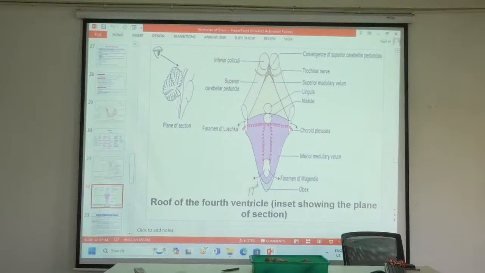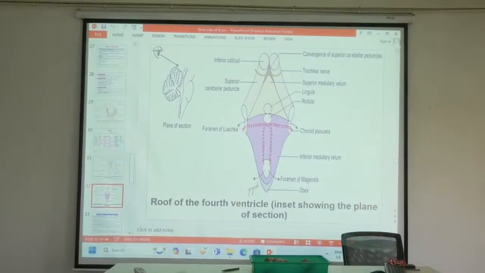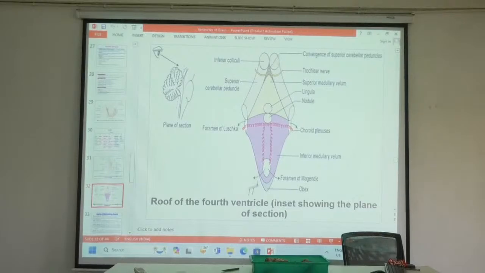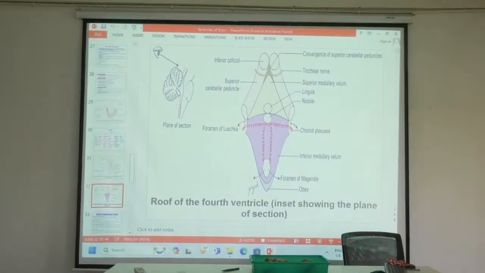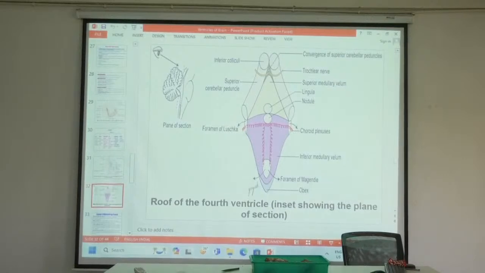Here the roof has been shown. See these are the parts of the cerebellum: above there is lingula, below there is nodule. Here this one is the superior medullary velum and below here is the inferior medullary velum. And these are the three apertures you can see: midline aperture is a single aperture, foramen of Magendie, and on the two sides foramen of Luschka.